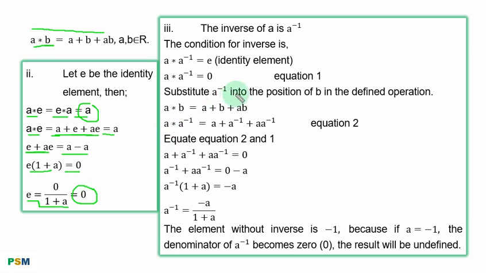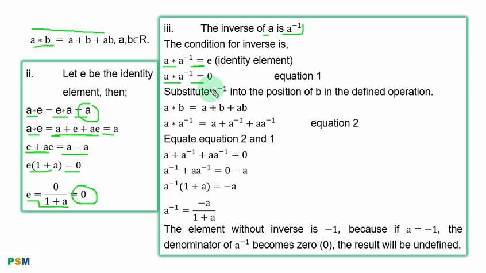Roman figure 3, the inverse element. The inverse element of A is A to the power of minus 1. The condition for inverse is A asterisk inverse of A is equal to E, the identity element, and that element is 0. So you have A asterisk A inverse equal to 0. Let's call that equation 1.